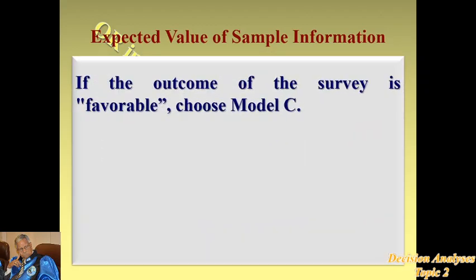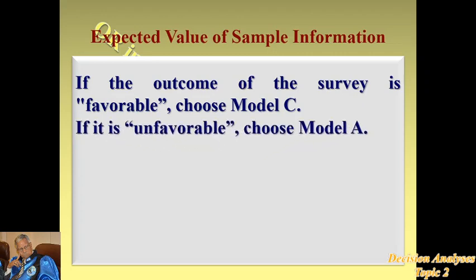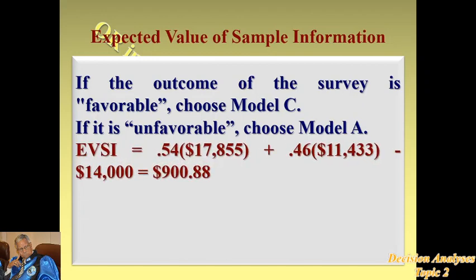Expected value of sample information: if the outcome of the survey is favorable, choose model C. If it is unfavorable, choose model A. The expected value of sample information is $17,855 times 0.54 plus $11,433 times 0.46 minus $14,000 expected value without additional information.